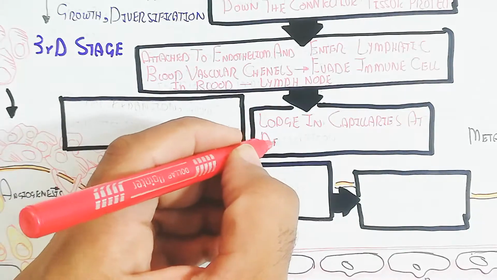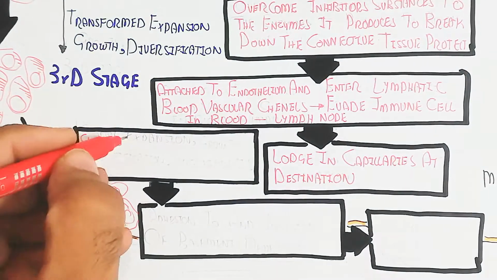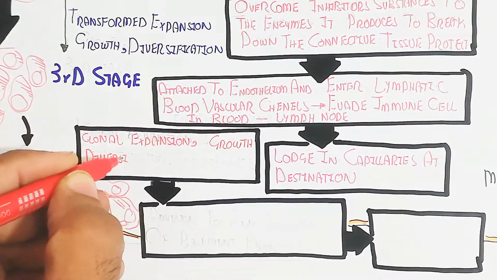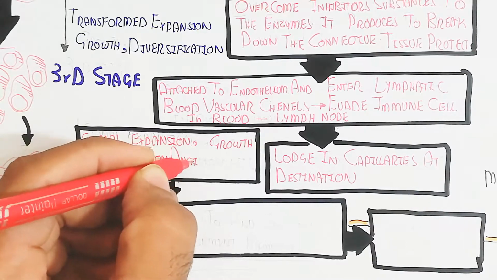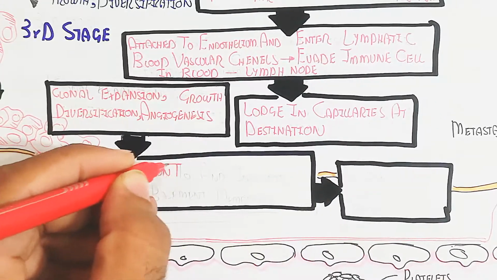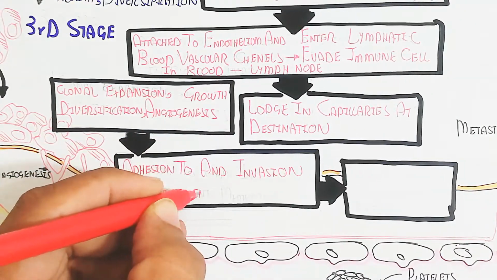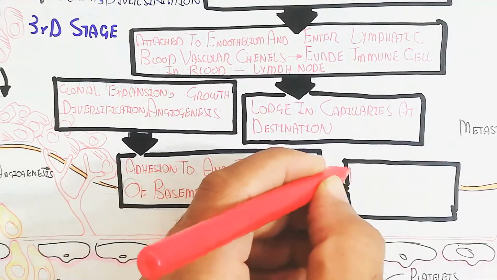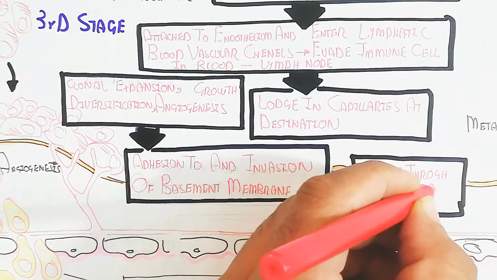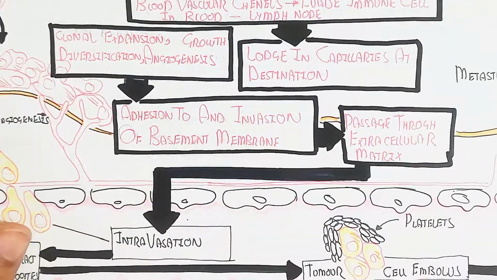After lodging in capillaries at the destination, clonal expansion, growth, diversification and angiogenesis lead to adhesion to and invasion of the basement membrane, and passage through the extracellular matrix, which leads to intravasation.